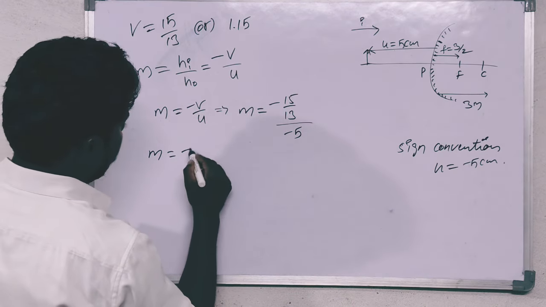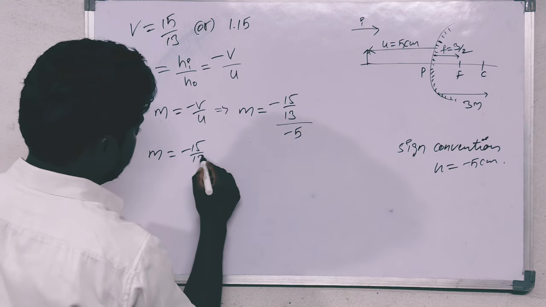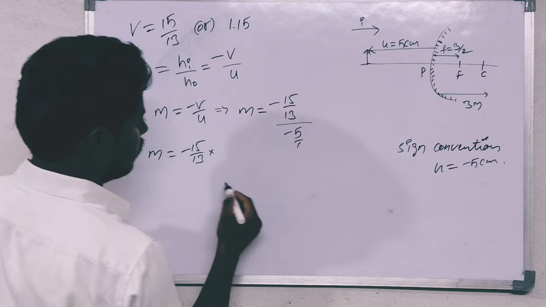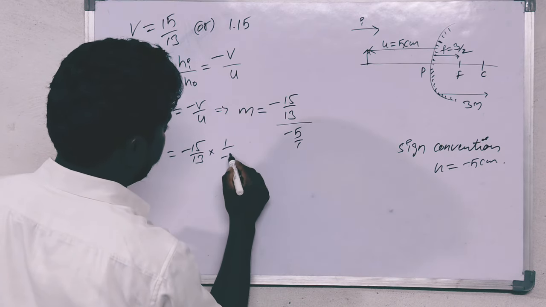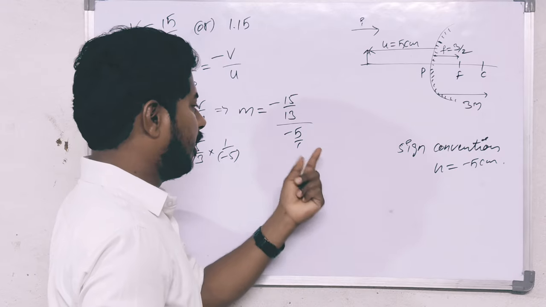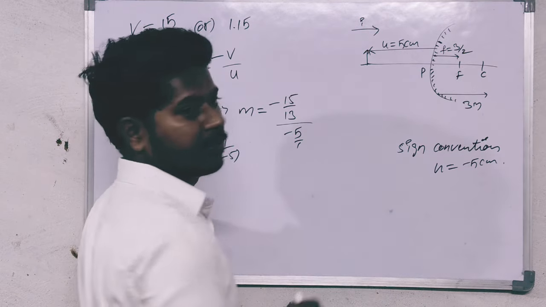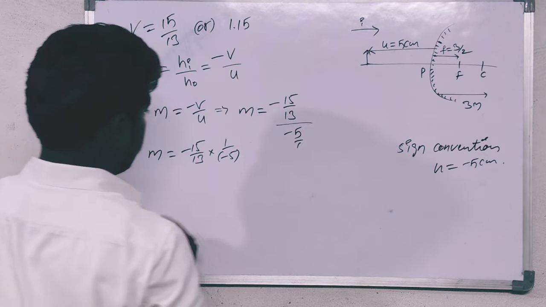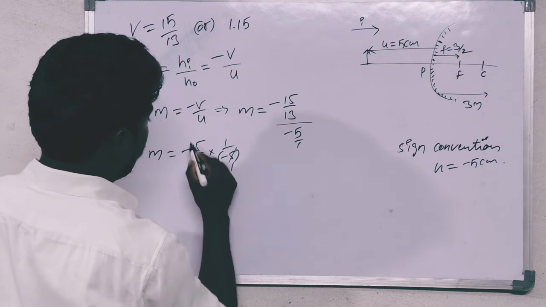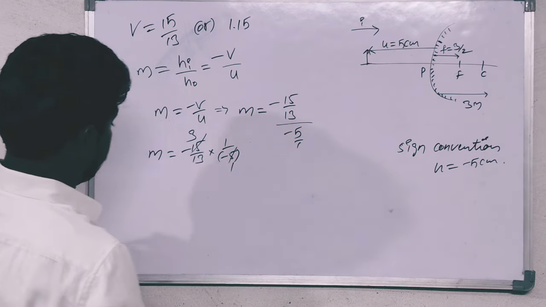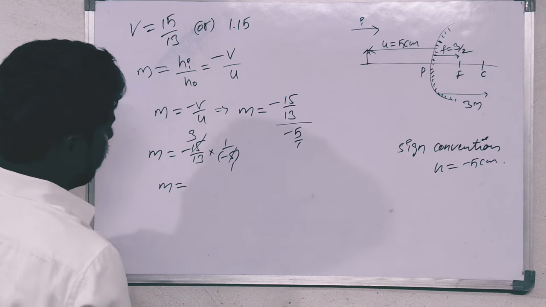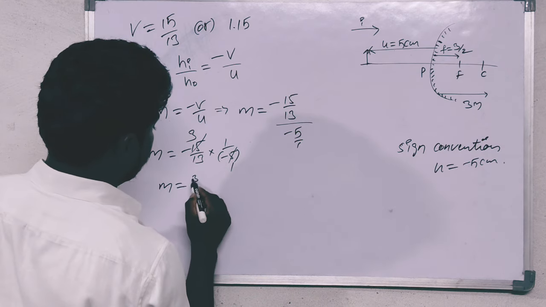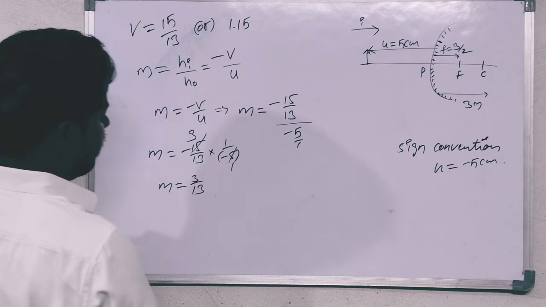Magnification equals minus 15 by 13 into 1 by minus 5. What is in the denominator becomes reversed, it becomes 1 by minus 5. So now 5 ones are 5, 5 threes are 15, we can cancel. M equals minus into minus, plus 3 by 13.